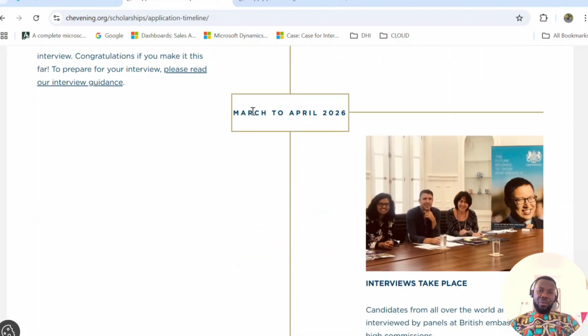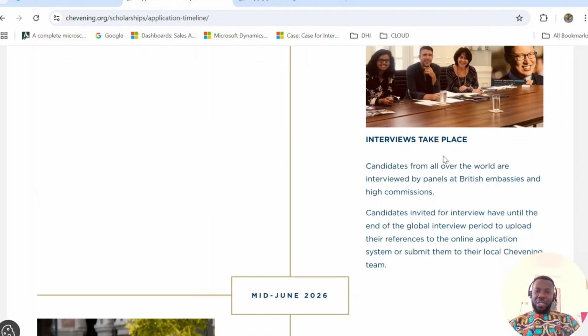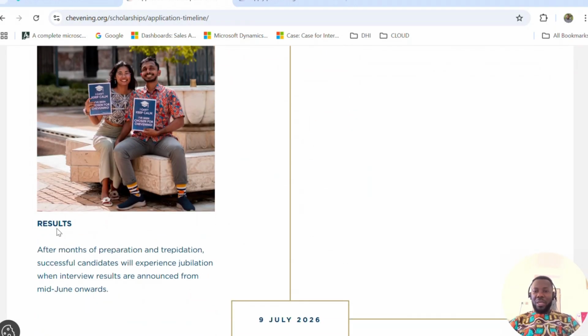The interview will take place between March and April 2026, after which the results will be released for you to know whether you qualified or not.